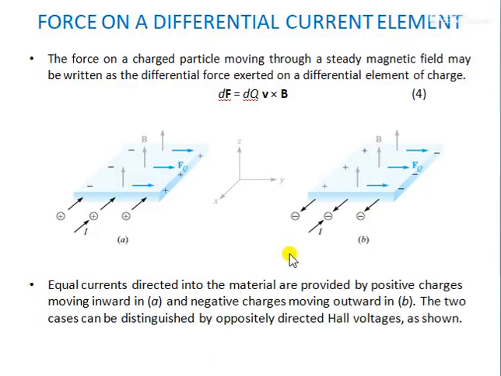Hello students. In the previous lecture we studied the introduction part and the magnetic force on a moving point charge. Now let us see the force on a differential current element.